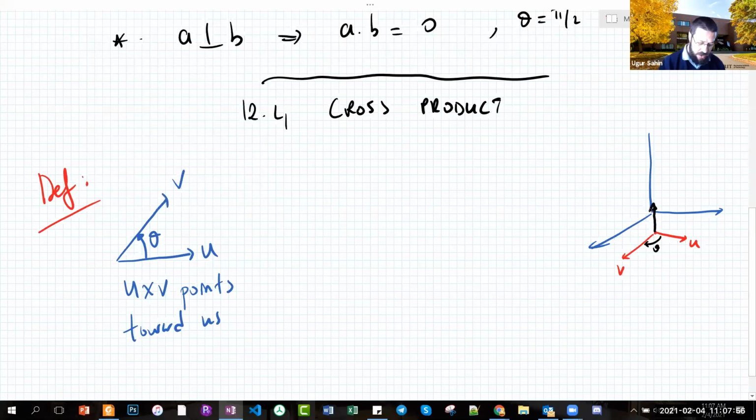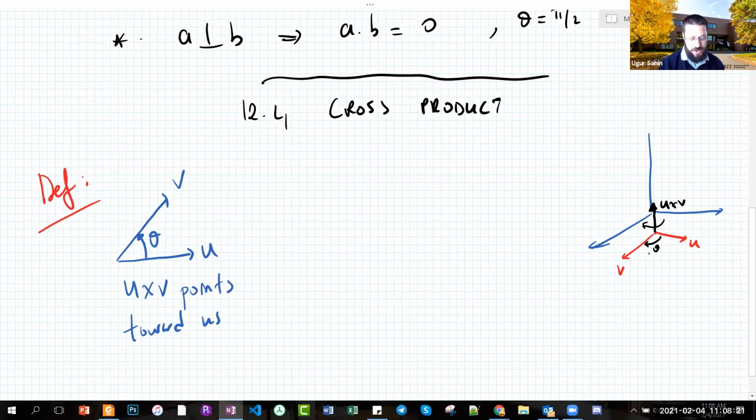Now, the cross product of U and V should be orthogonal to U and V, by the right-hand rule. Your right-hand fingers show the direction of theta. The cross product of these two vectors should be orthogonal to both vectors.